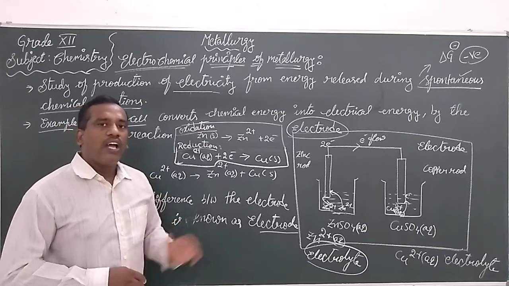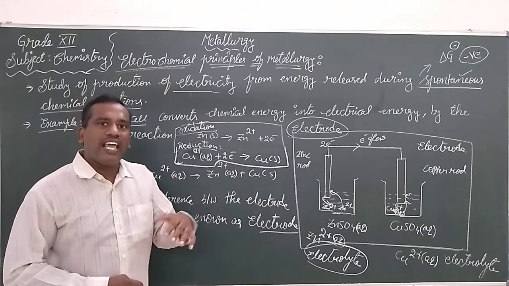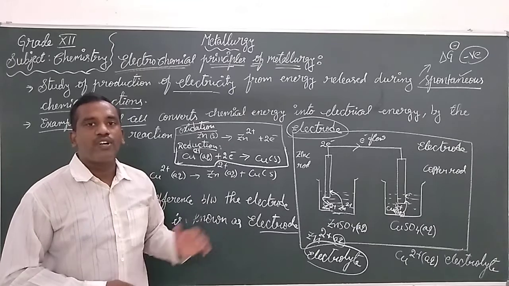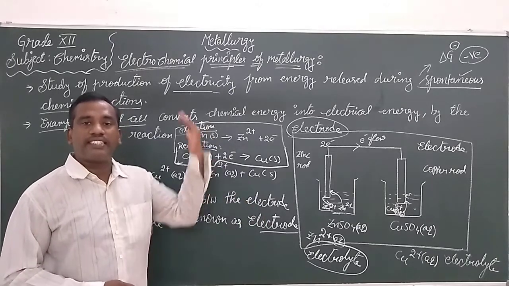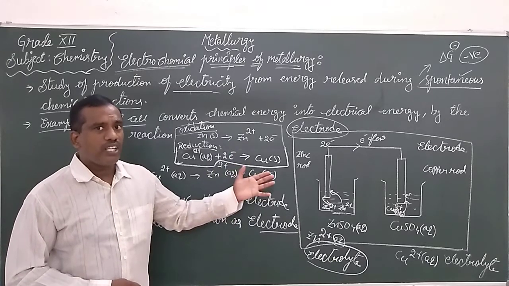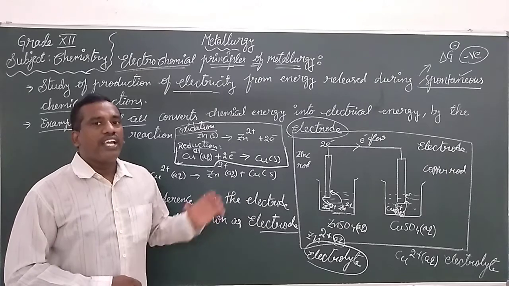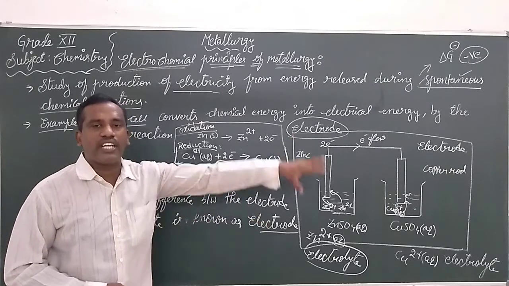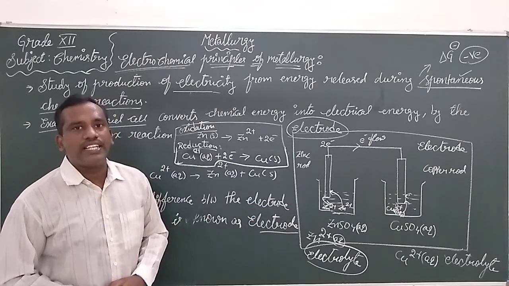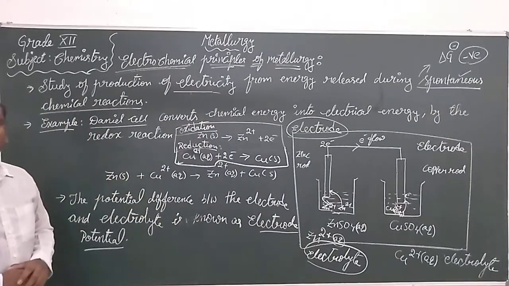So, during a chemical reaction, what was generated? Electricity was generated. So, this is an electrolytic cell, we can call, or galvanic cell, in which chemical energy is converted into electrical energy. This is the basic that we have learned in the first year.